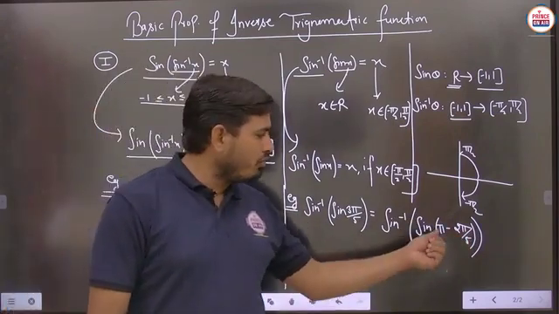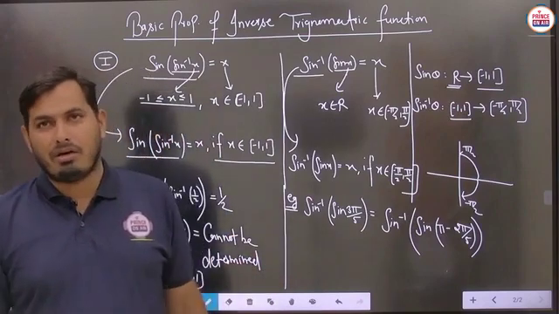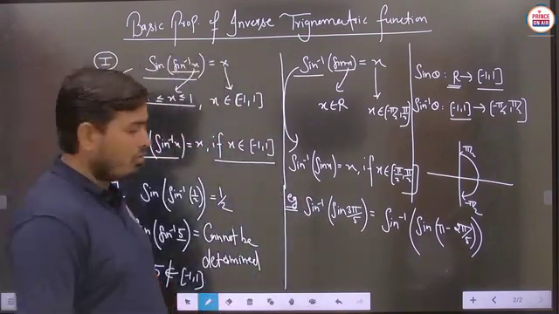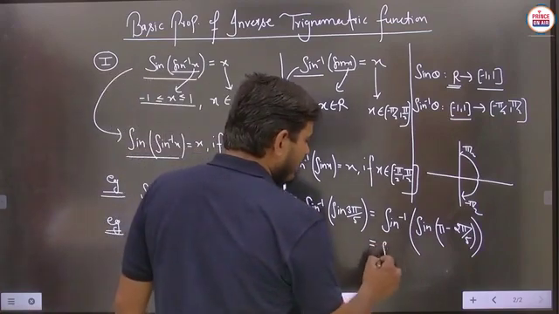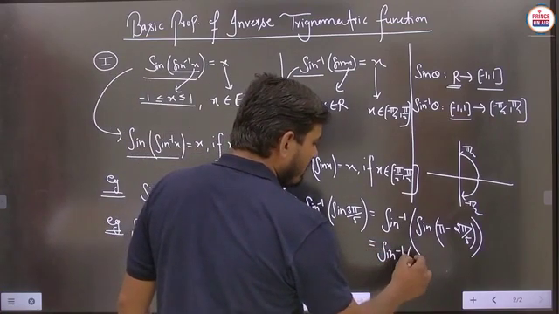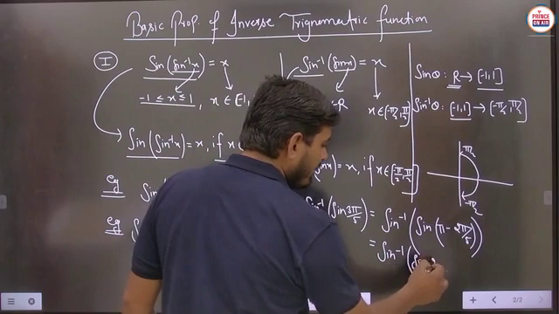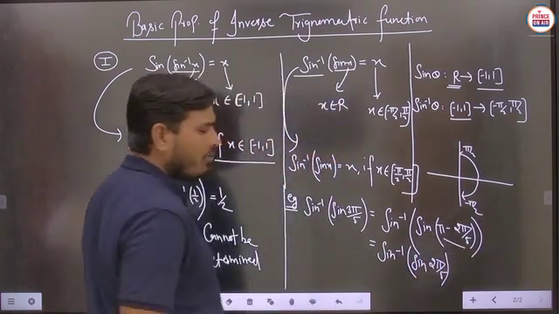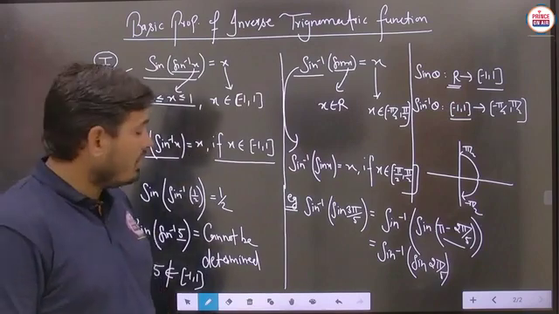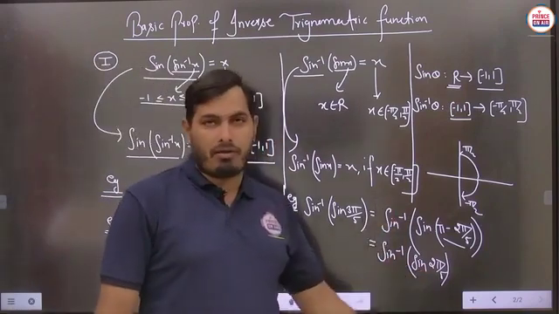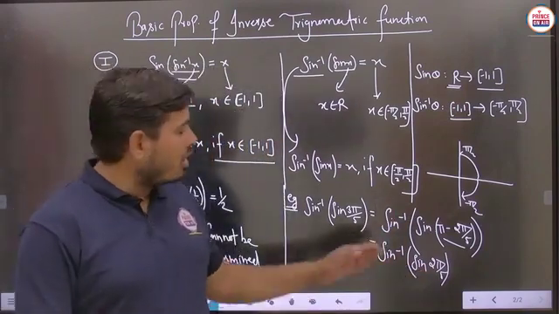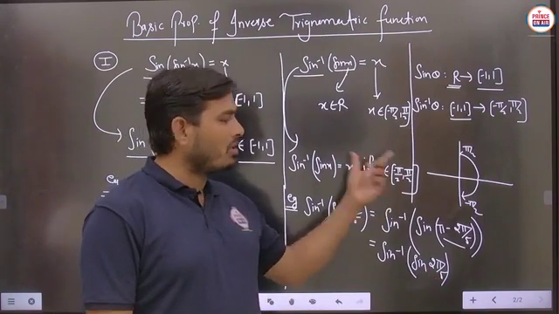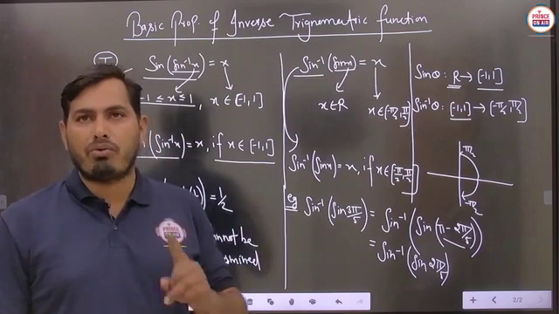Now student, you can say that sine of pi minus theta will become sine theta here, you know very well, because in the second quadrant this particular sine will be taken as positive, so it will be written as sine 2 pi by 5, because sine of pi minus theta will again be written as sine theta. Now sine inverse of sine 2 pi by 5. So definitely now the transformation will be there, because this particular angle does not satisfy the given interval minus pi by 2 to pi by 2.